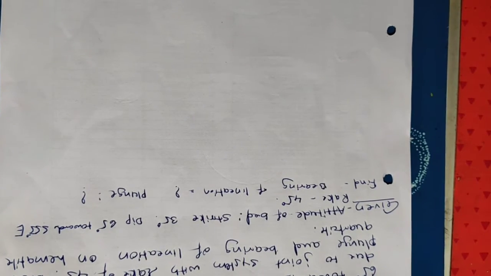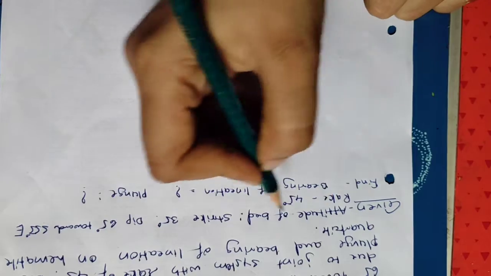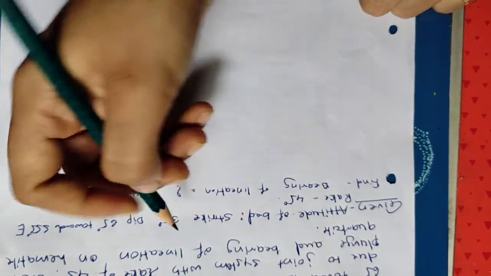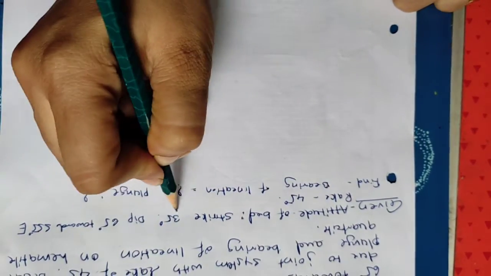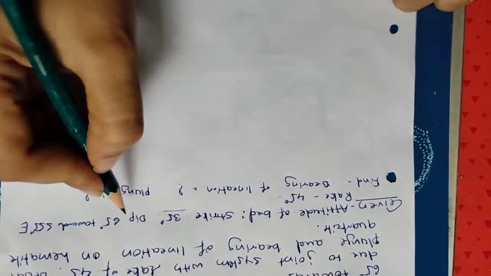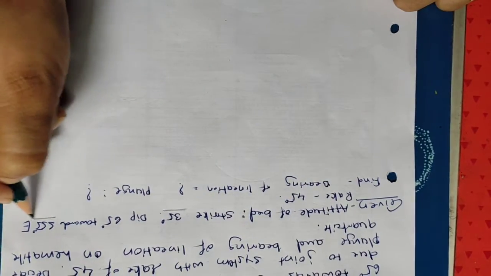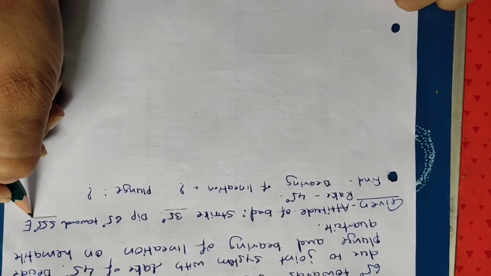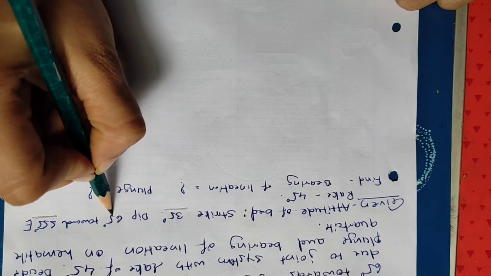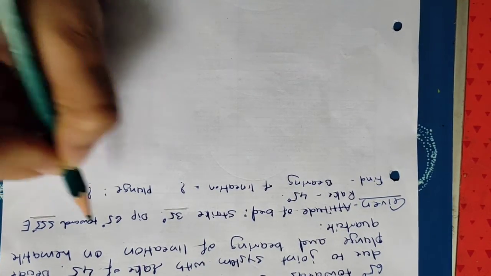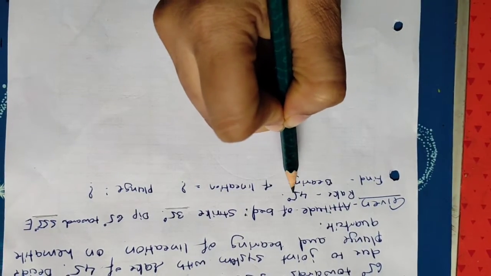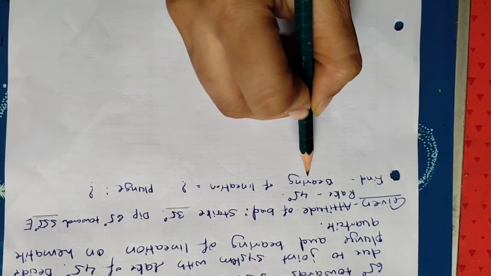So the given is the attitude of the bed, that is, the orientation. The strike is 35 degrees, the direction of dip is south 55 degrees east with 65 degrees dip amount, and the rake is given as 45 degrees. We have to identify the bearing of the lineation and the plunge.